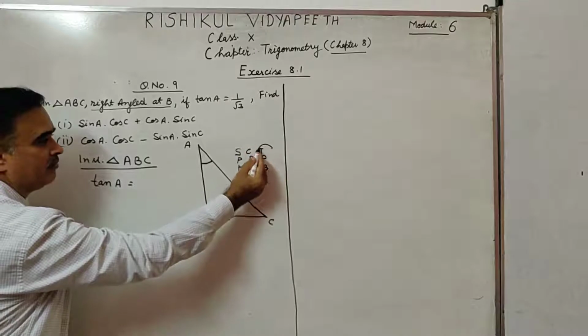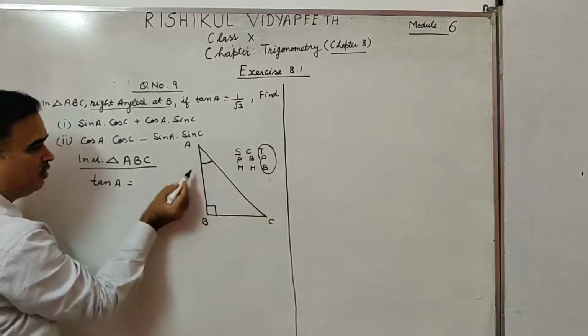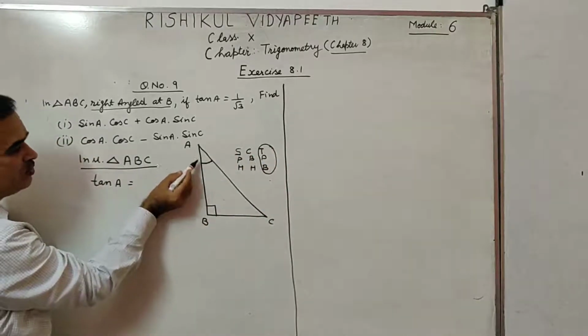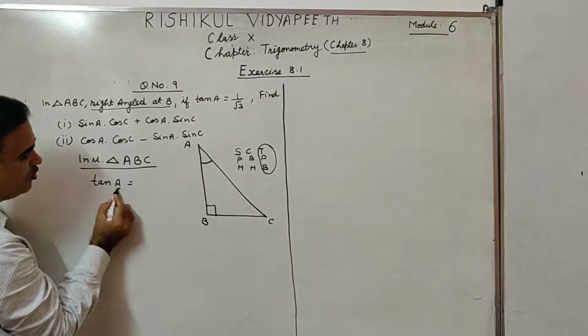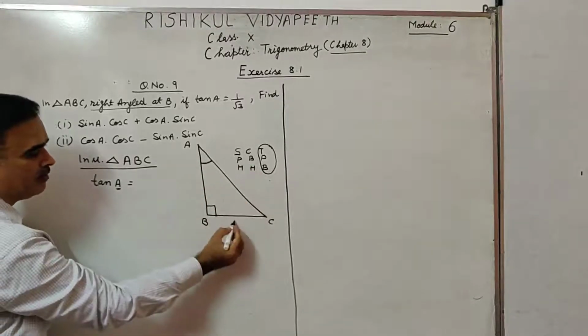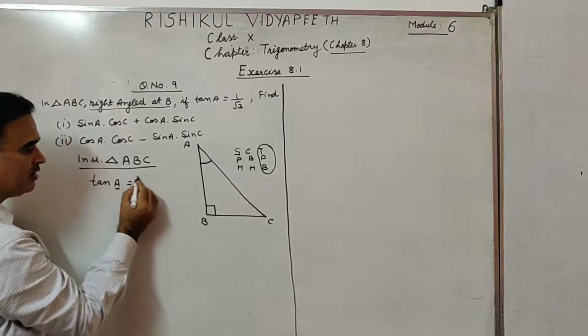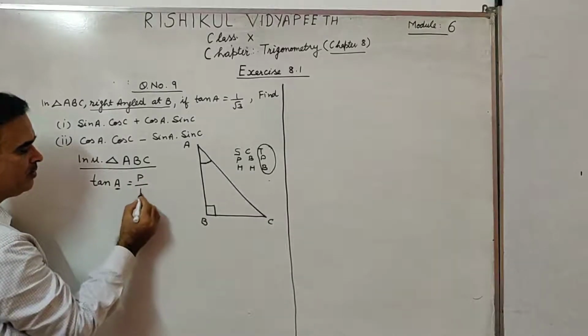So tan is P by B. With respect to this acute angle, the side opposite to the angle is called perpendicular. This is P upon B.